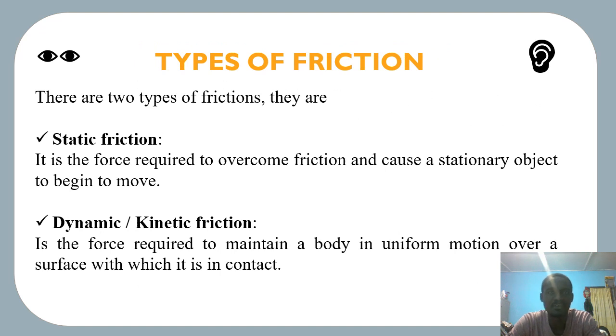Let's look at the types of friction. We have two major types of friction, the common one, that is the static friction, and the dynamic or kinetic friction. When we talk about static friction, we are saying it is the force required to overcome friction and cause a stationary object to begin to move.